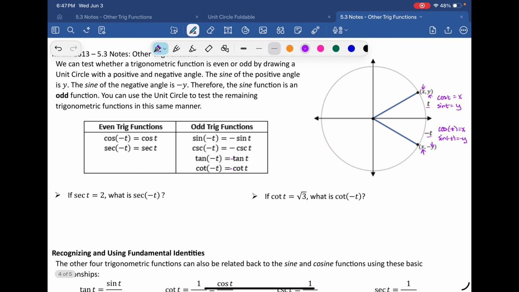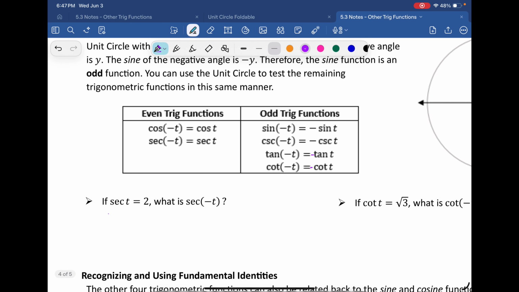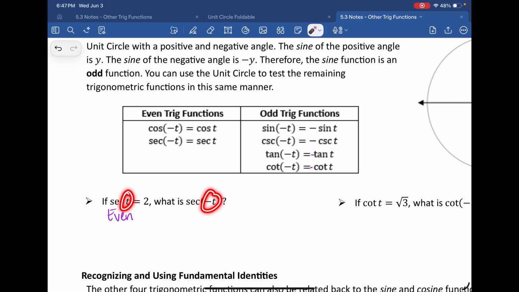Okay, specific to secant, the secant is even. So if I plug in its opposite, I get the same value. So t and negative t, I'm going to get the same value. So secant of negative t is also positive 2.